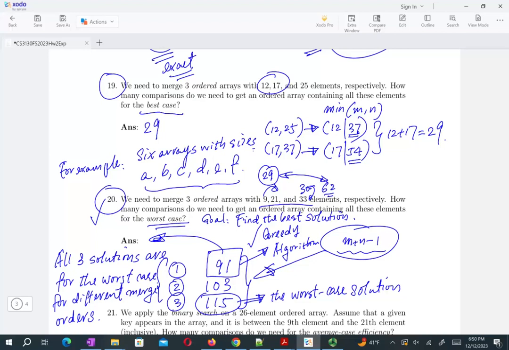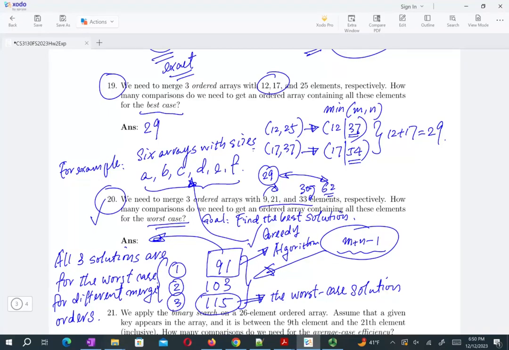Definitely you don't want to exhaust all the possible merge orders, right? That's too much work. Within the limited amount of time, how can you do it? If you apply the greedy algorithm, you can find the best solution quickly.